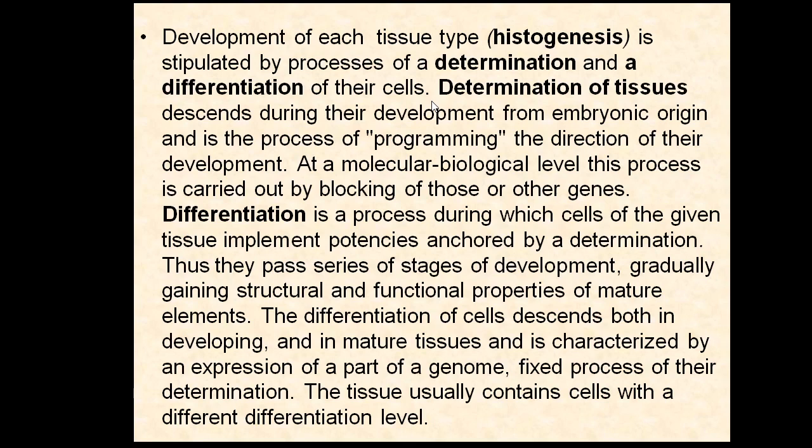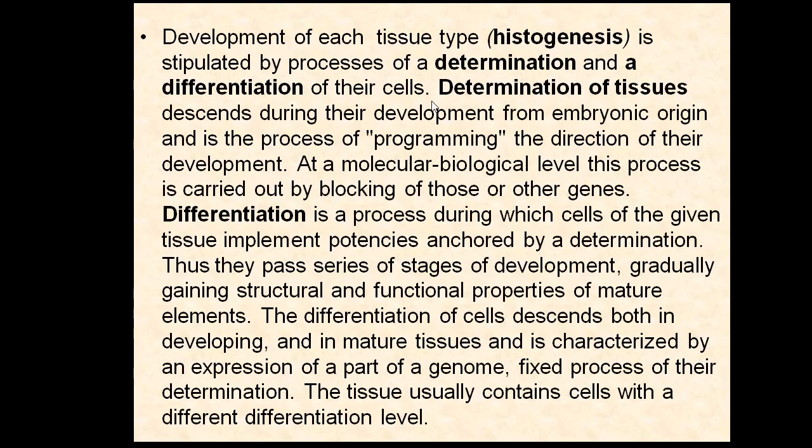But other regions are arrested. DNA is highly coiled, and we call it heterochromatin. This heterochromatin appears as a result of determination of the cells and the tissues.